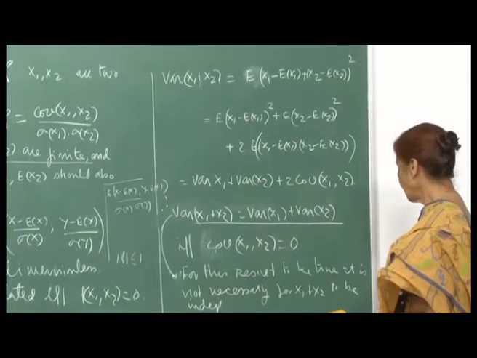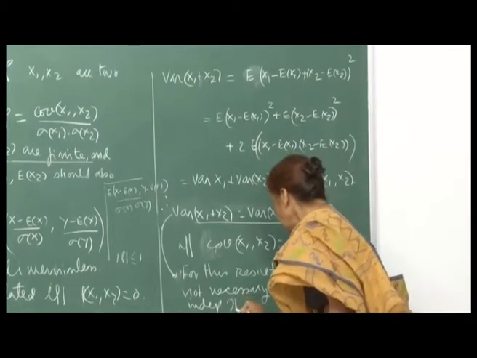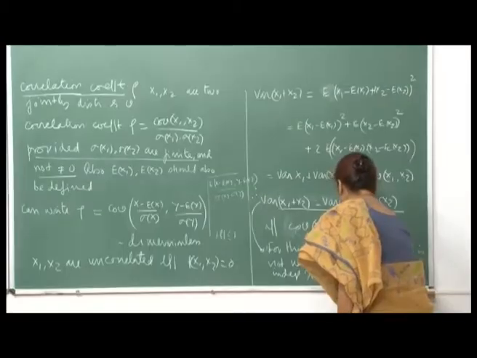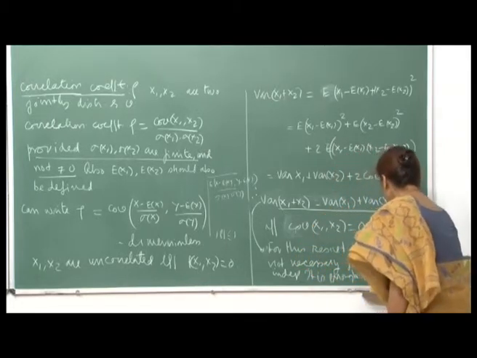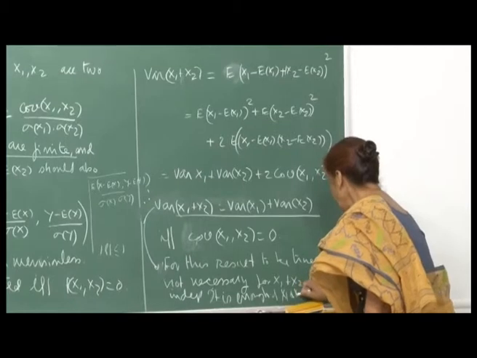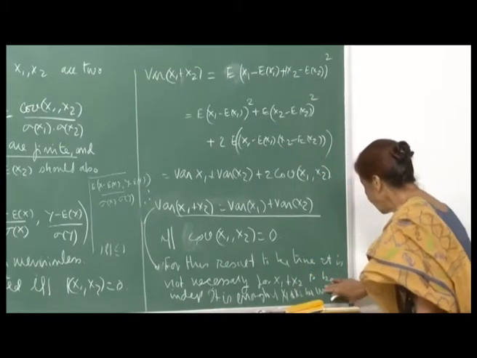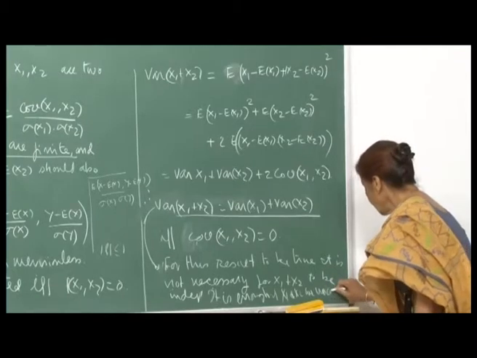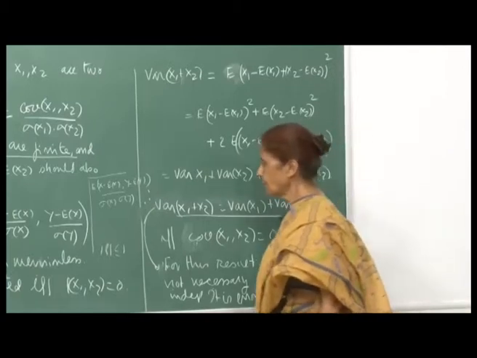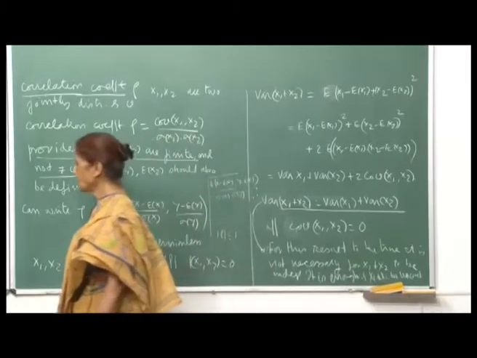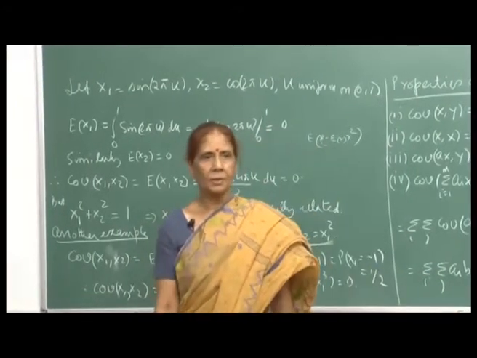It is not necessary for x 1 x 2 to be independent. It is enough if x 1 and x 2 are uncorrelated. So, this is one advantage, one use of this function. We will talk about this some more in the next lecture.